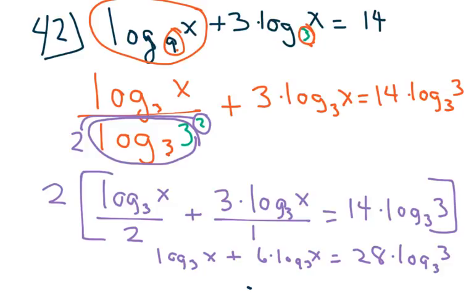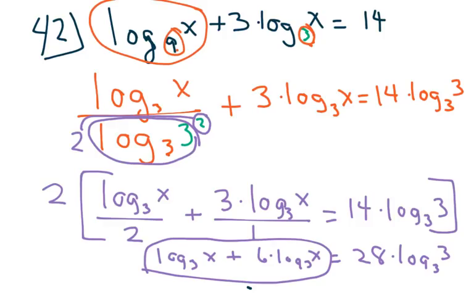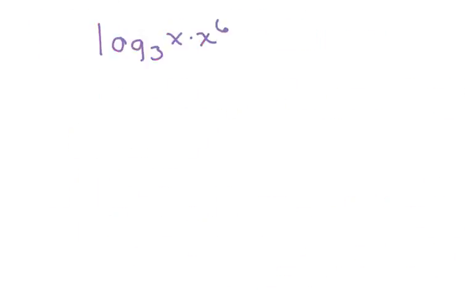Now I'm going to condense this here. This is going to be log base 3 of x times x to the 6th. Let me go back. All I did was bring the 6 up here, use the power property, then I used the product property and put these together. I condensed this. Equals 28 log base 3 of 3.